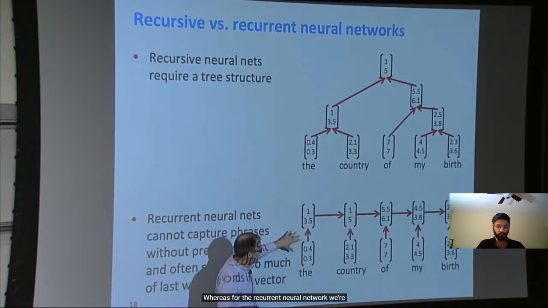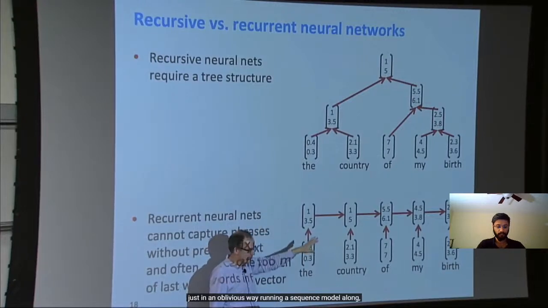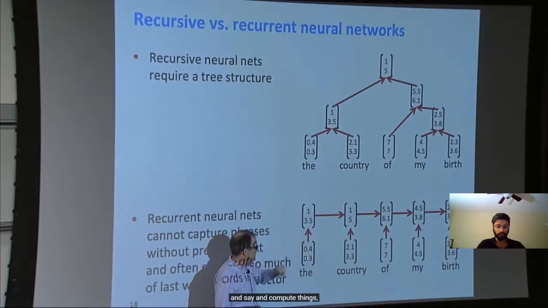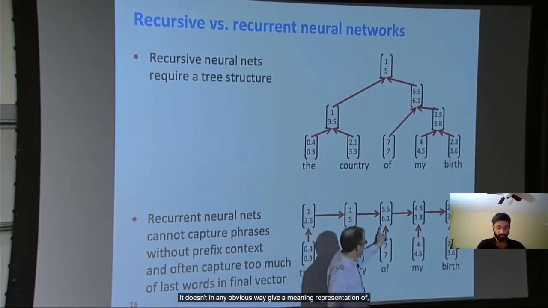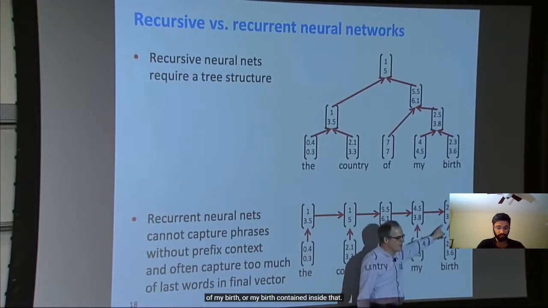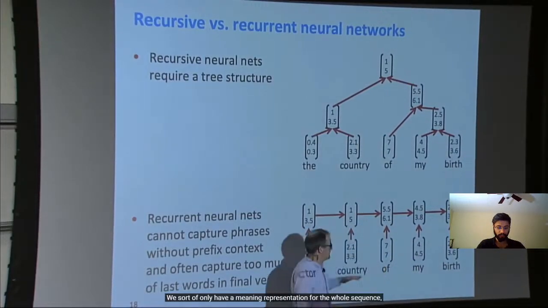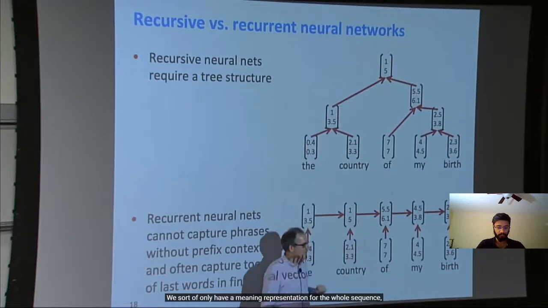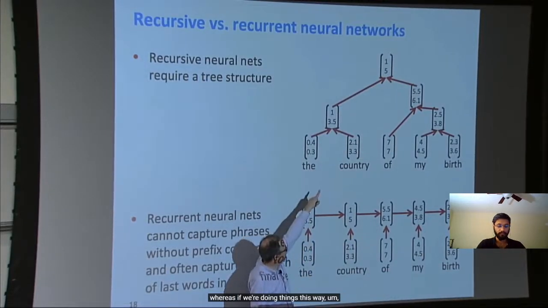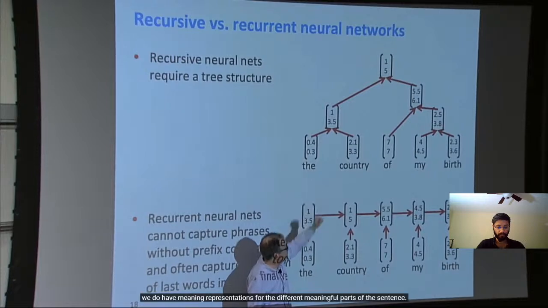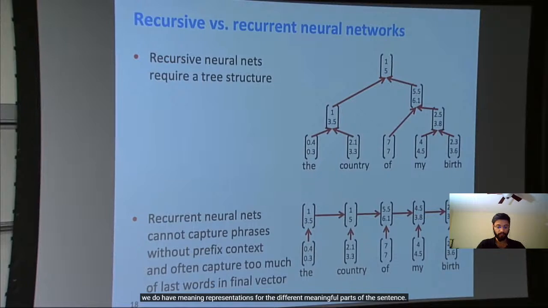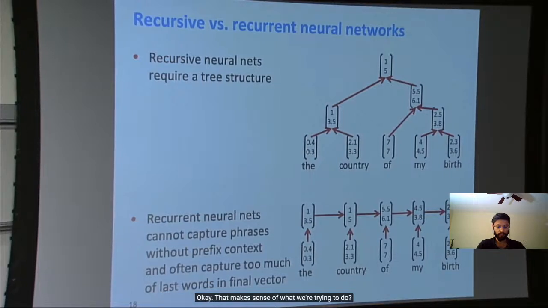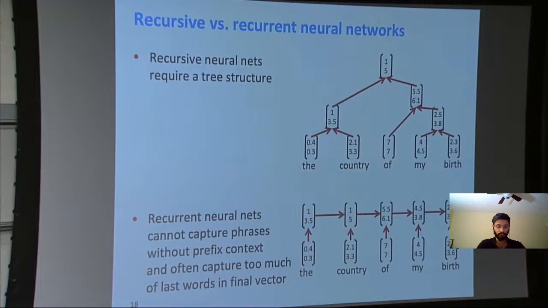Whereas for the recurrent neural network, we're just in an oblivious way running a sequence model along and computing things. And it doesn't in any obvious way give a meaning representation of my birth or my birth contained inside it. We only have a meaning representation for the whole sequence. Whereas if we're doing things this way, we do have meaning representations for the different meaningful parts of the sentence. Okay, that makes sense of what we're trying to do?